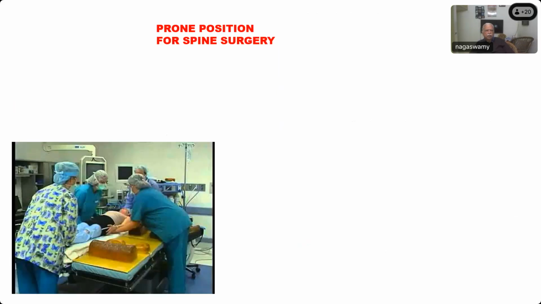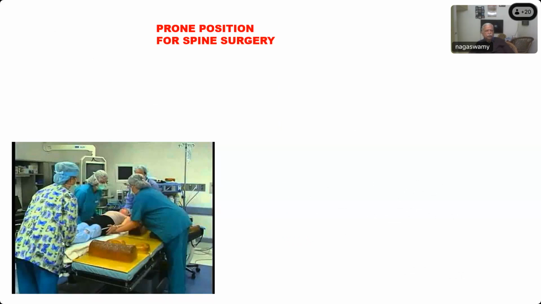And so this is a picture to show for the benefit of those who have not seen a spine surgery. The patient is induced in the trolley, not on the operating table. And once the anesthetist says, okay, you can go ahead, you can see how many people are supporting the patient. Already he has got all the body warmer and other things fixed in position.